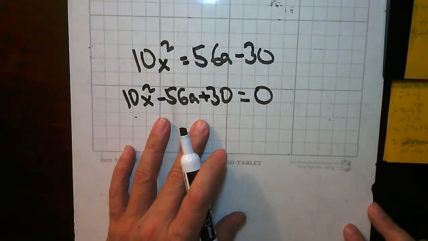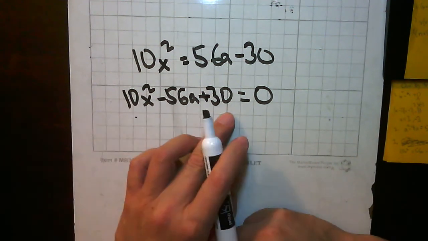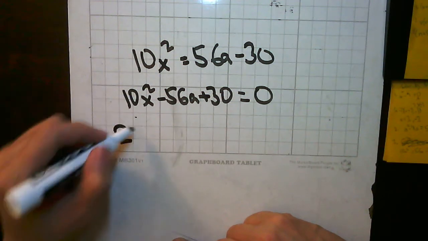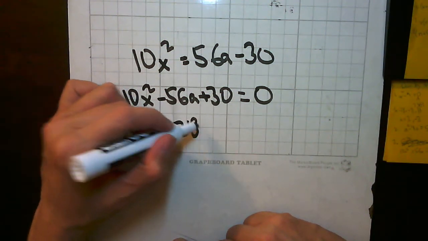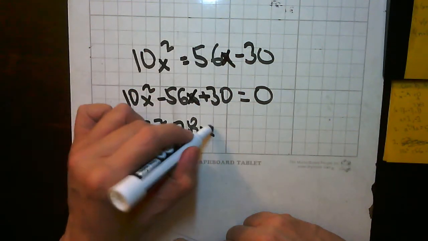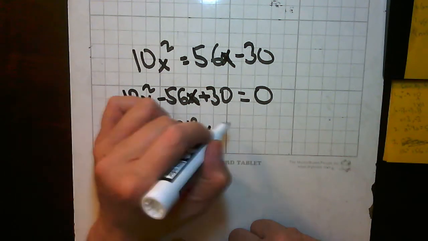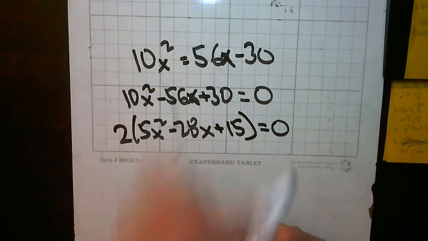Okay, now we're going to factor. Remember your first rule of factoring, we're going to look for the GCF. I have a GCF here too. This becomes 5x squared minus 28x plus 15 equals 0.